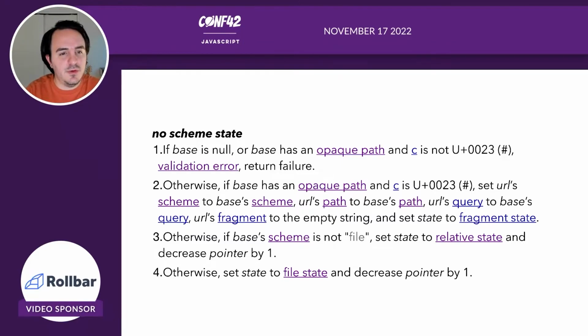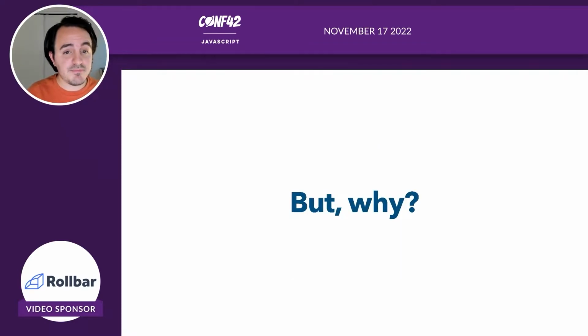Otherwise, if base has an opaque path and C is a hashtag, set URL's scheme to base's scheme, URL's path to base's path, URL's query to base's query, and URL's fragment to the empty string. So if my path starts with a hashtag, this is a fragment state, so the URL needs to go to the fragment state, and that's one of the end states. Otherwise, and so on. This is what the URL parser specification is all about.